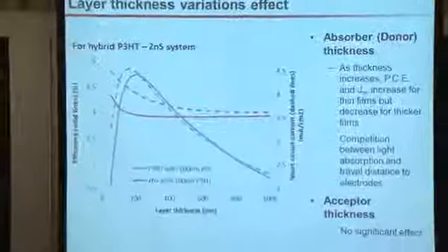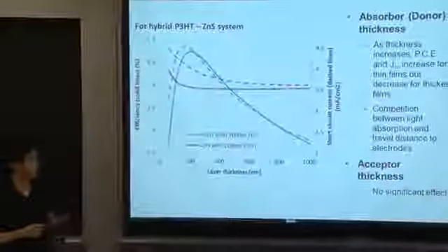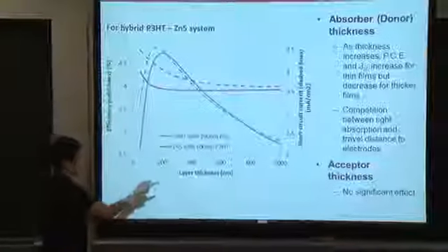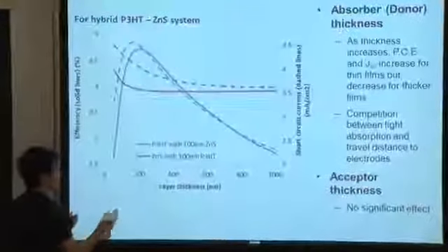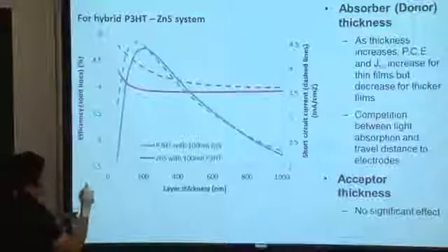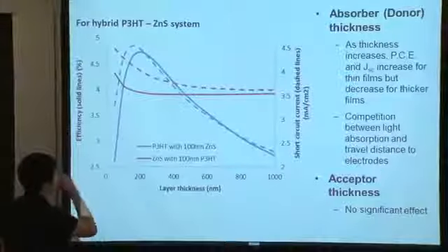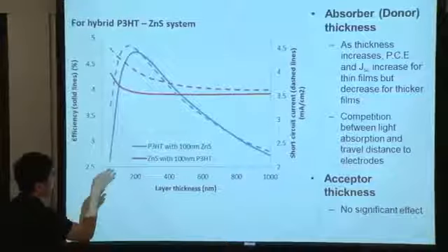The second thing we have looked at is layer thickness. Again, only a representative figure is shown here. If we increase the thickness from 0 to 1,000 for the donor material, the efficiency and the short circuit current initially go up, and after a certain point, the efficiency and JSC slowly go down.